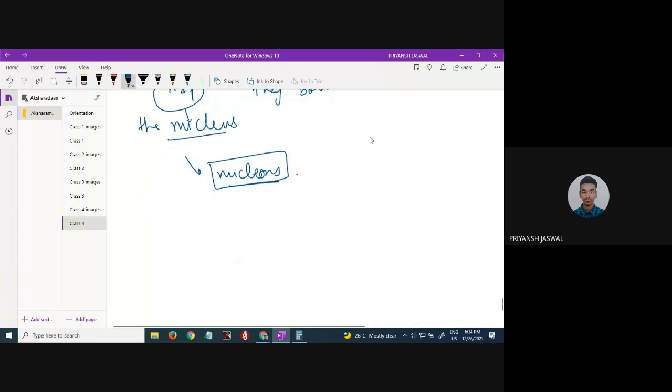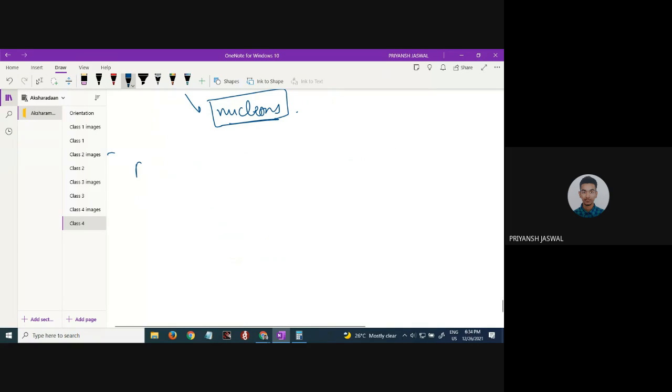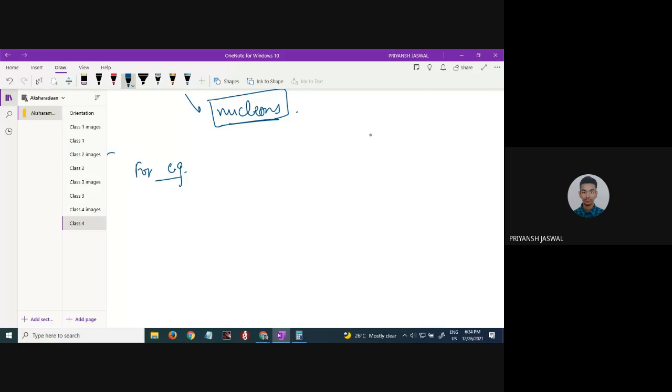For example, let's take the case of carbon. Carbon has Z equal to 6, that is the atomic number, and its mass number is 12. So Z also tells us that the number of protons is 6.